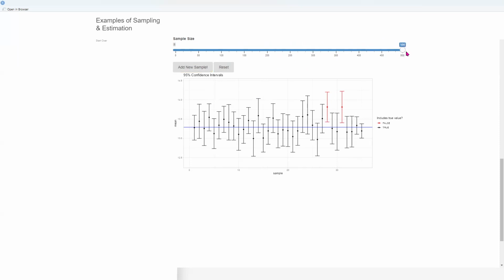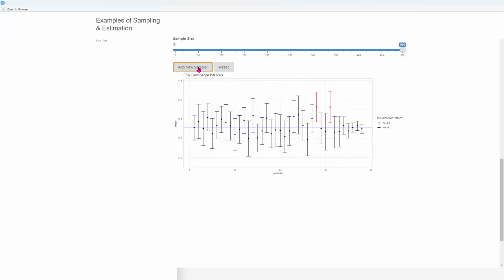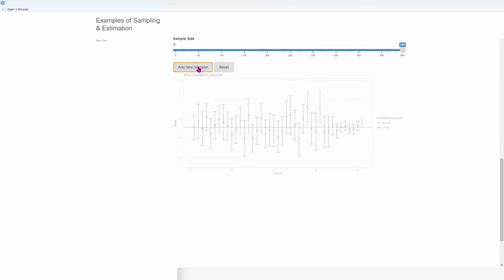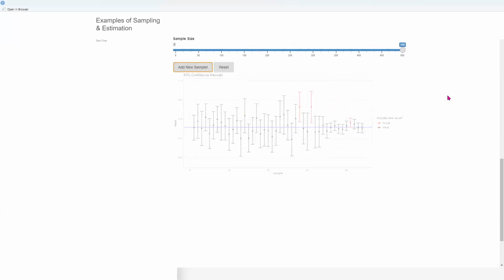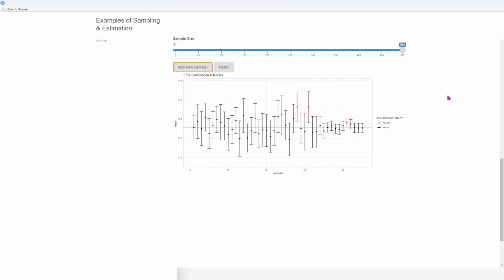And if we go to a very big sample size, we will get even narrower, so more precise, estimates. But it doesn't matter how precise our confidence interval is. If it's a 95% confidence interval, in the long run, 1 out of 20, or 5%, of our confidence intervals will not include the true population value.